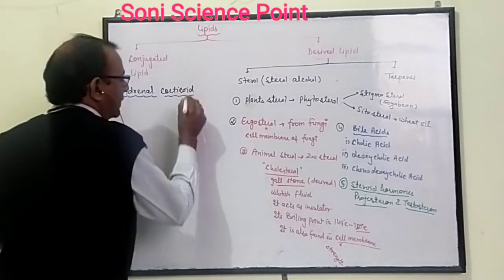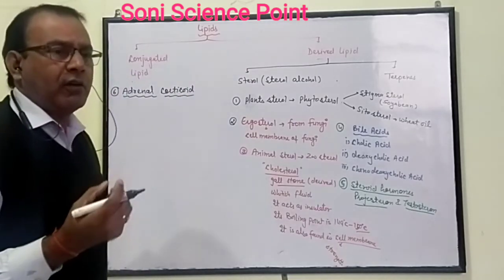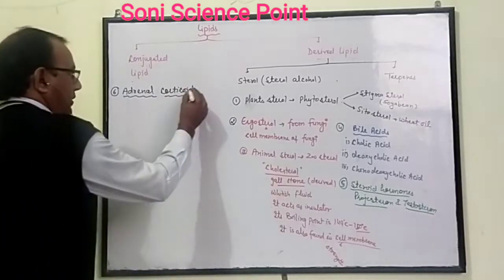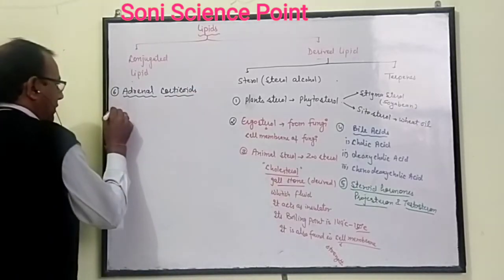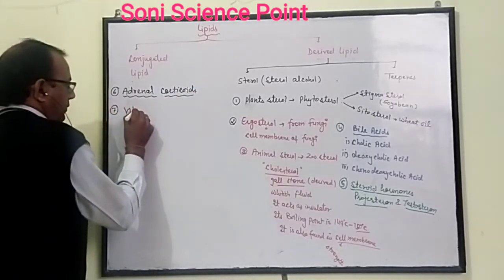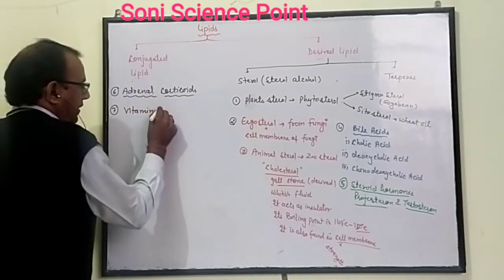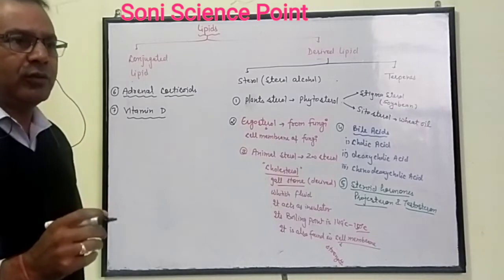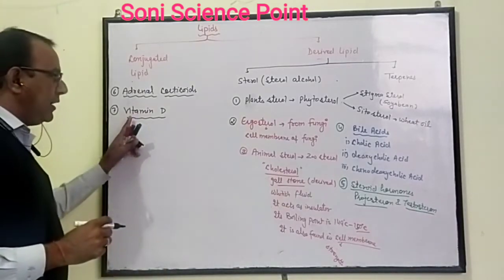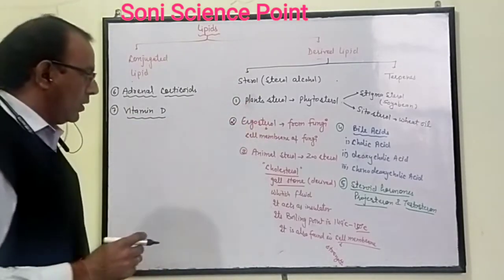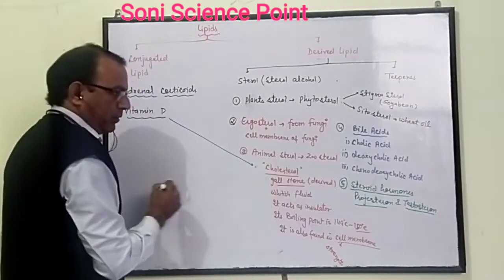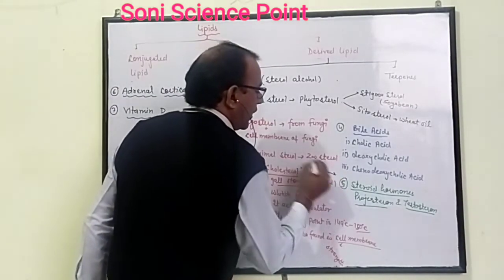The adrenal gland also secretes adrenal hormones, which are called adrenal corticoids. Next one is vitamin D, which is very useful for our body to make the bones strong. Vitamin D is also a sterol, also derived from cholesterol. Steroid hormones are also derived from cholesterol.